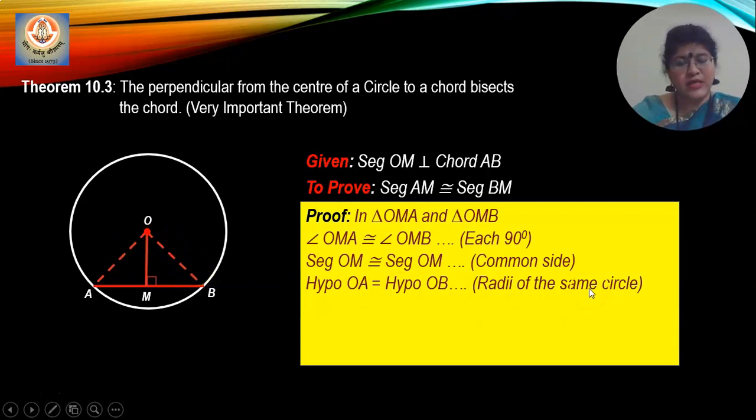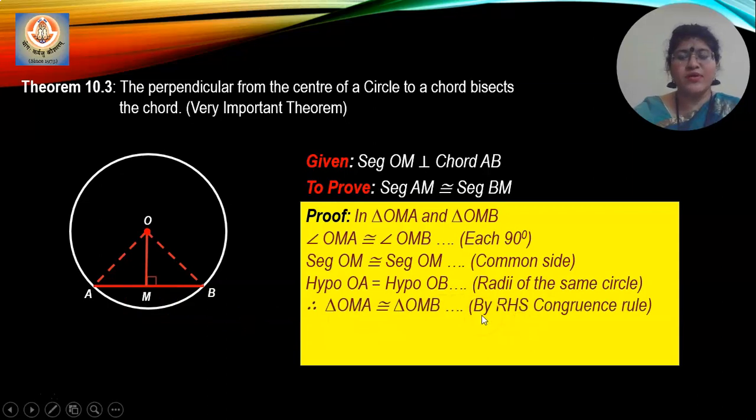So they are equal. Now, if you look at the test, if the hypotenuse is equal, and if one of the perpendicular sides is equal, then the two triangles become congruent by the RHS congruence rule, that is right angle, hypotenuse, side rule. So this is again an important test of congruency.